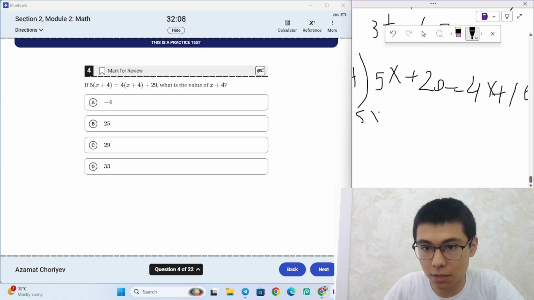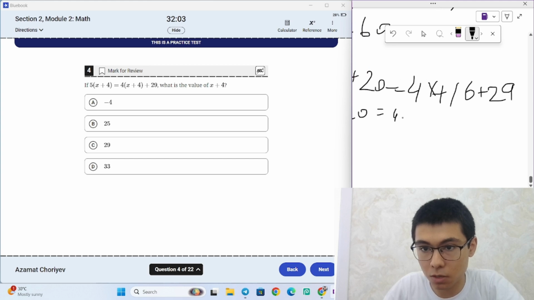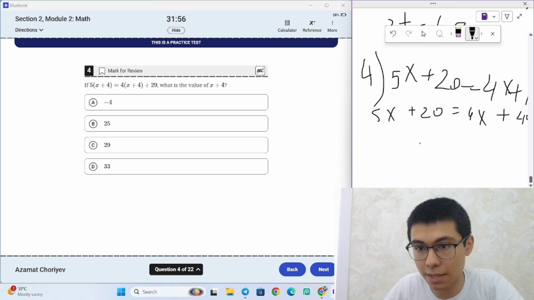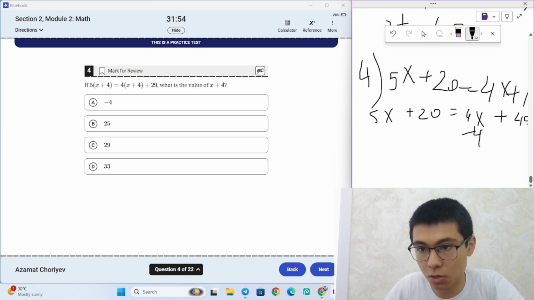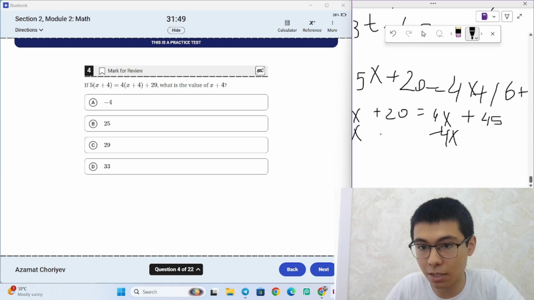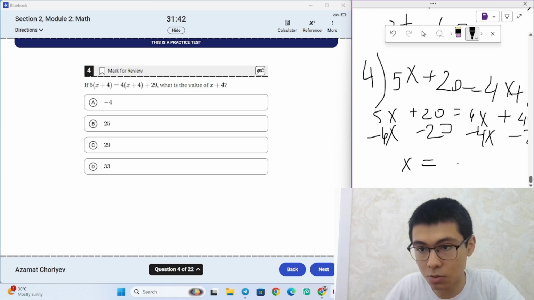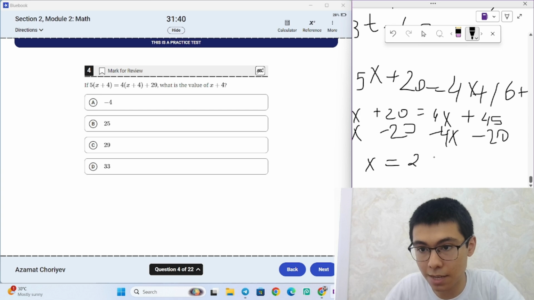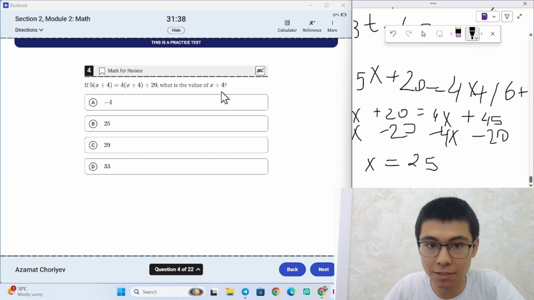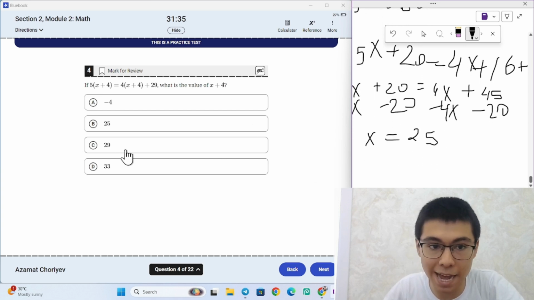So 5x plus 20 equals 4x plus 45. Then I'm gonna subtract 4x from both sides, and then subtract 20 from both sides. So here I have x equals 25, but the answer is not 25 because they're asking for x plus 4, so it's going to be 29.